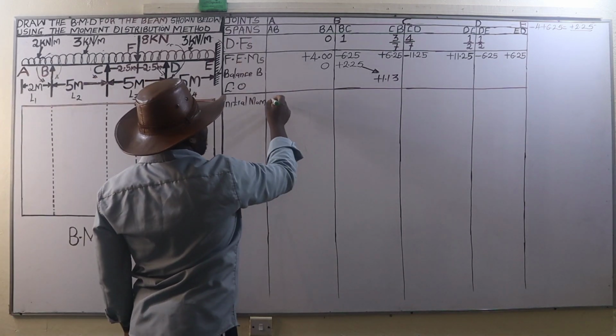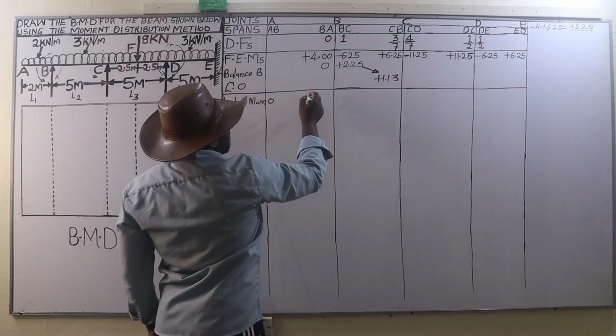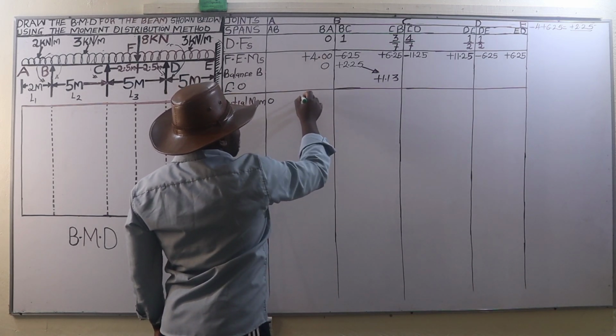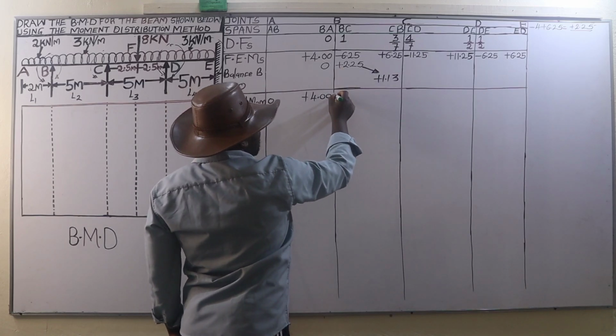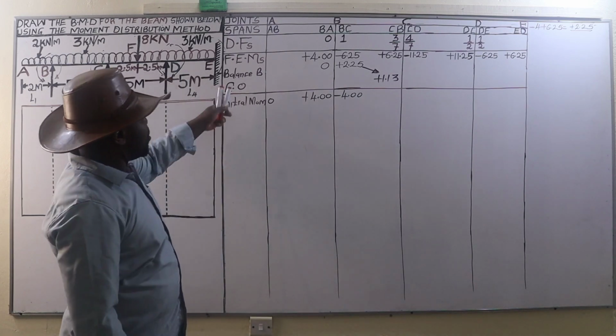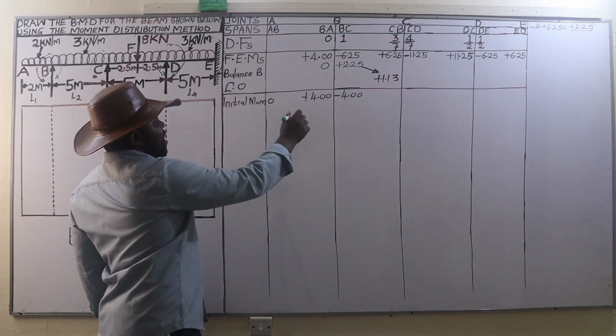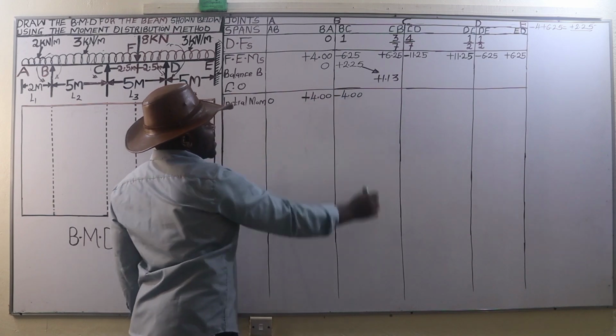Here we are going to have a 0 since we don't have any moment on that line. Then this one we are going to have 4 plus 0, that is 4.00. This one is going to be negative 4.00. And now our joint B is balanced. The resultant bending moment is 0. 4 minus 4, that is 0.